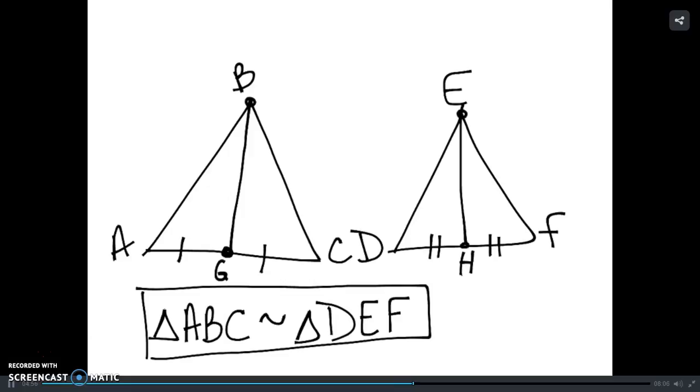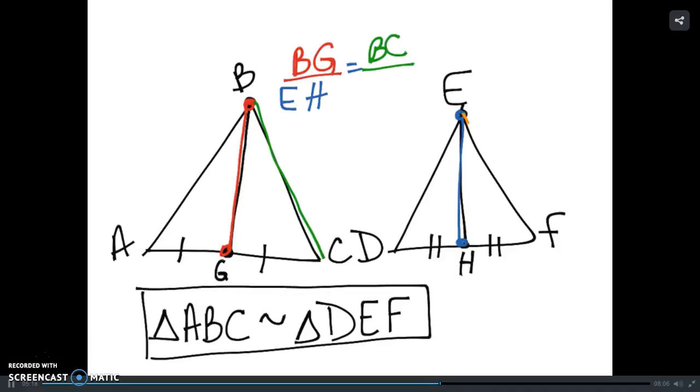All right, so we've drawn our two medians, and this time we're going to know that if the two triangles are similar, then their medians, BG and EH, are going to be proportional to the sides. So again, that would be BC and EF.